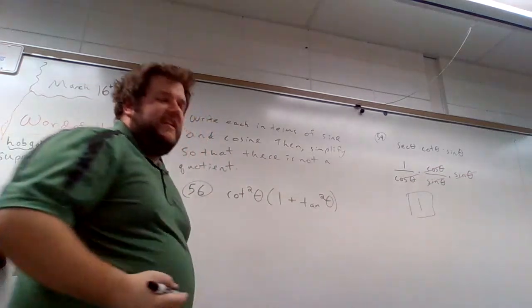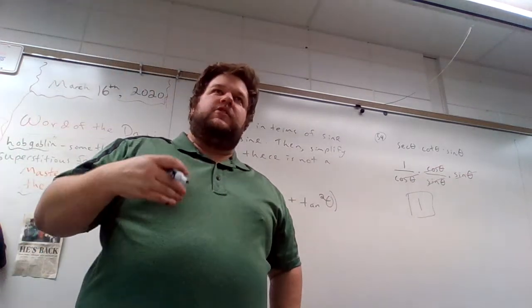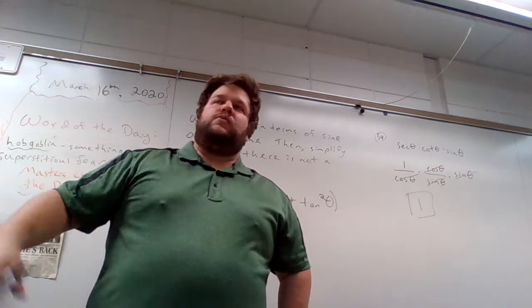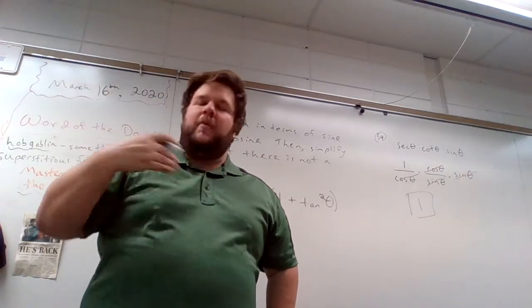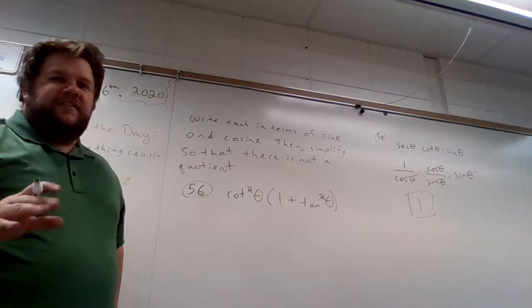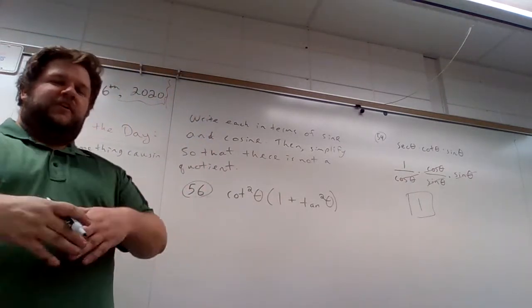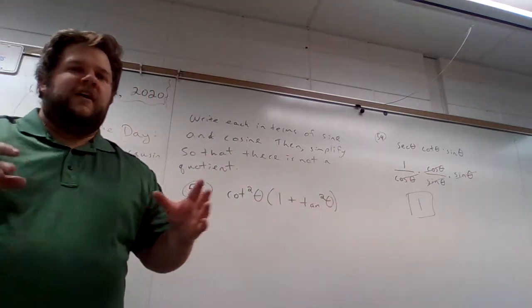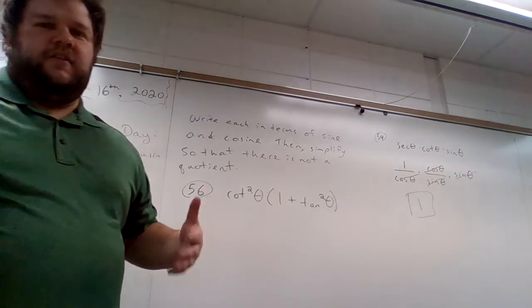What I do want you to keep in mind is that there's usually more than one way to do these. Typically 2, 3, 4 ways. There might be an easier way, but that easier way might not be obvious at first. And if it's not, that's completely fine. As long as you're doing your steps, going through, that's what we're after. In the end, you're going to get it.